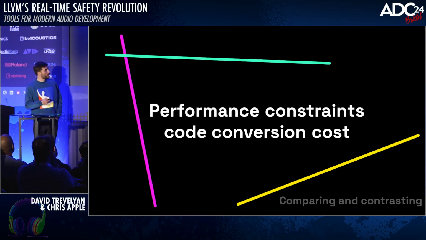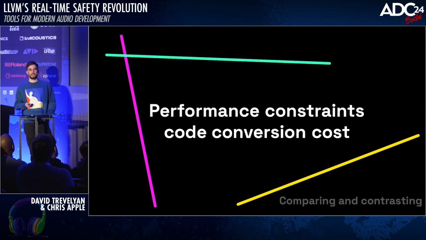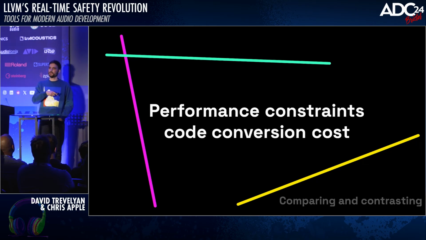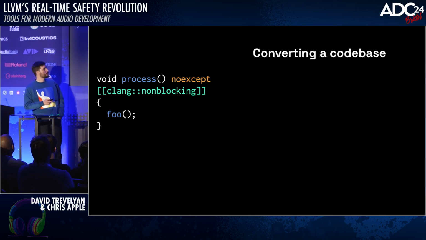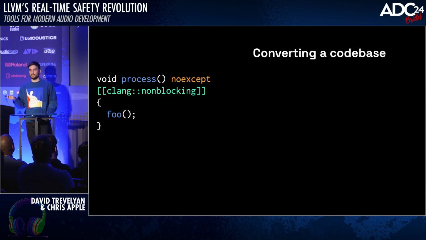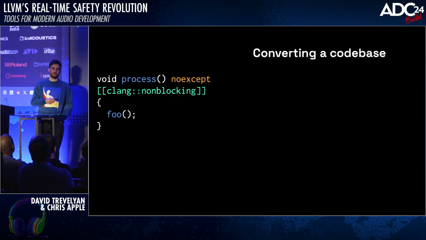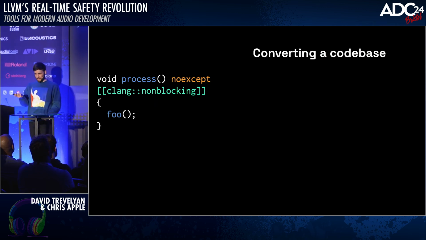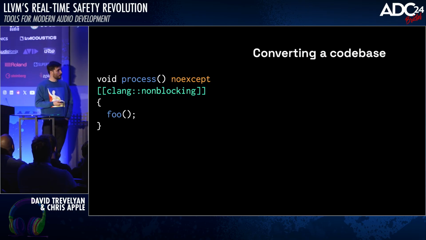Right. Let's take a look at the code conversion cost for introducing these attributes into a large code base. Let's say this only applies to large code bases. So you've just downloaded LLVM 20, keen to give it a go, and you've attributed your top-level callback with non-blocking, and you try to compile.